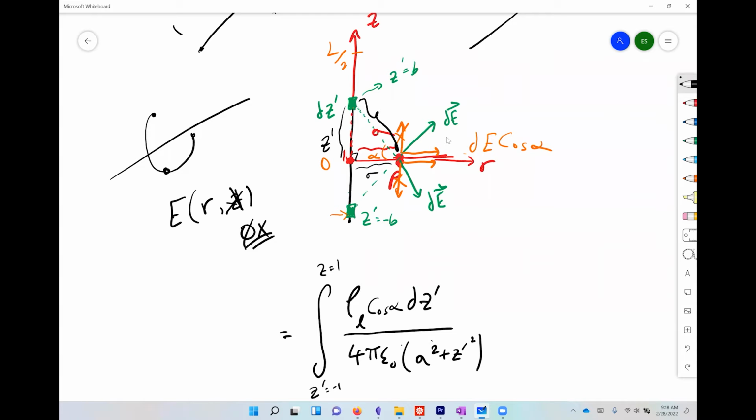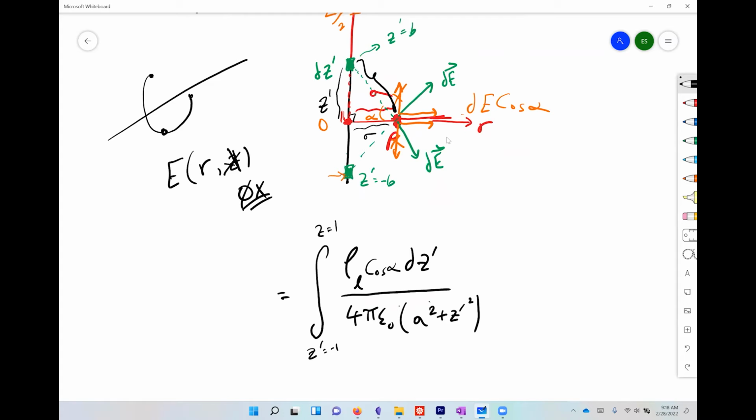Because now when we are here, the opposite element is going to cancel the normal component, and wherever we are, the only thing contributing to the integral is the tangential element. The rest, the normal elements, get canceled out from the symmetry. So this simplifies matters a great deal. So this is Coulomb's law, rho L cosine alpha dz over this, and then we integrate it over the whole line segment. And this is in the r hat direction.